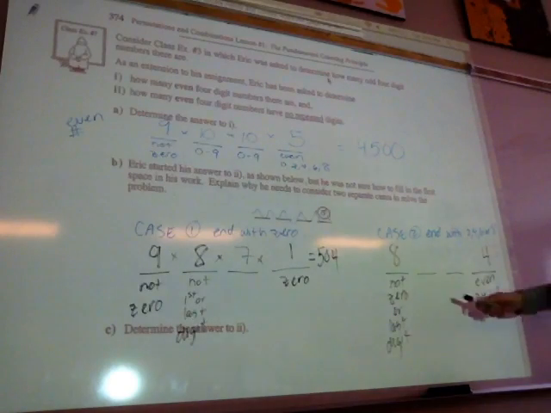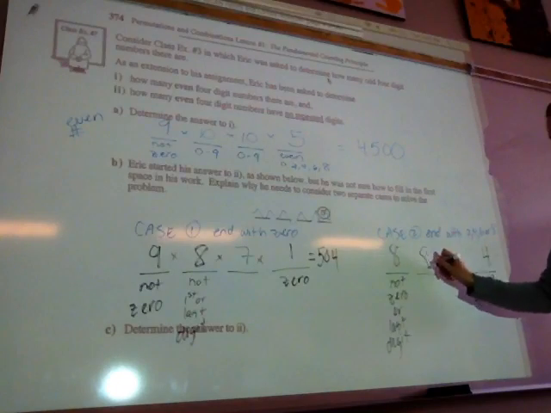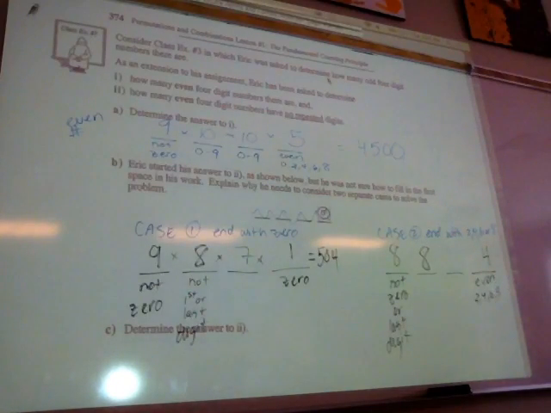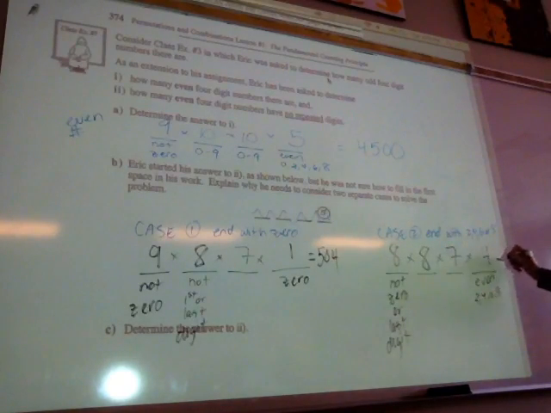Once I've used up these 2 digits, I have 8 possibilities. Once I've used up 3 digits, I have 7 possibilities. So we multiply this through, and we should get 1,792.